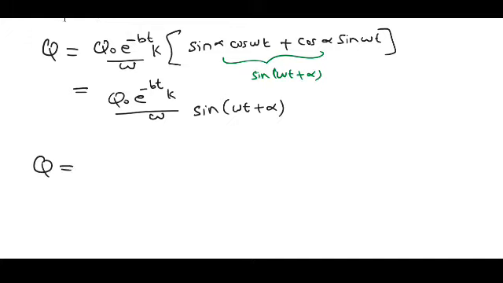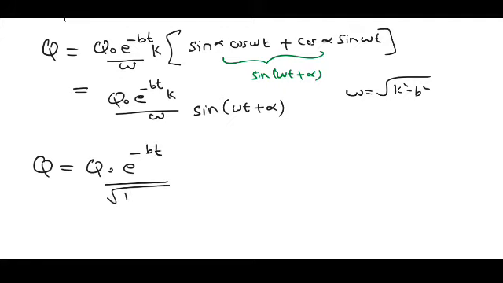That is, q can be written as q0. Here I will substitute back, that is, omega is equal to root of k square minus b square. Fine. Then this will be e power minus bt divided by root of k square minus b square, and sine root of k square minus b square into t plus alpha.